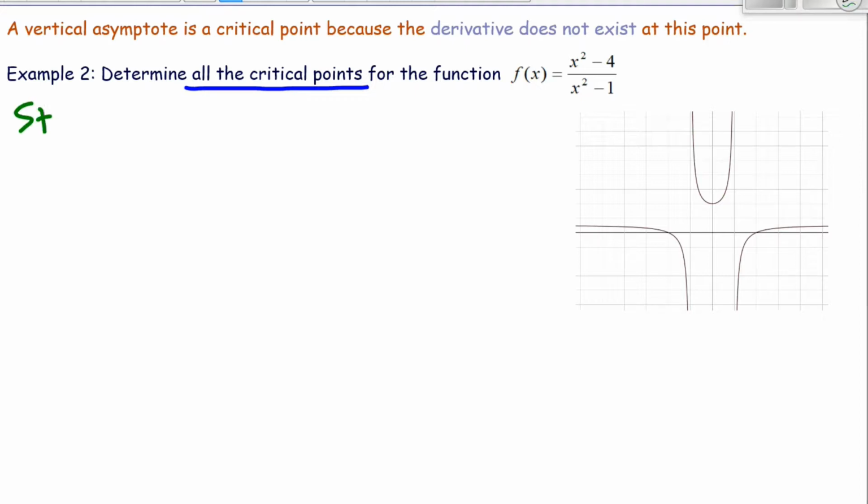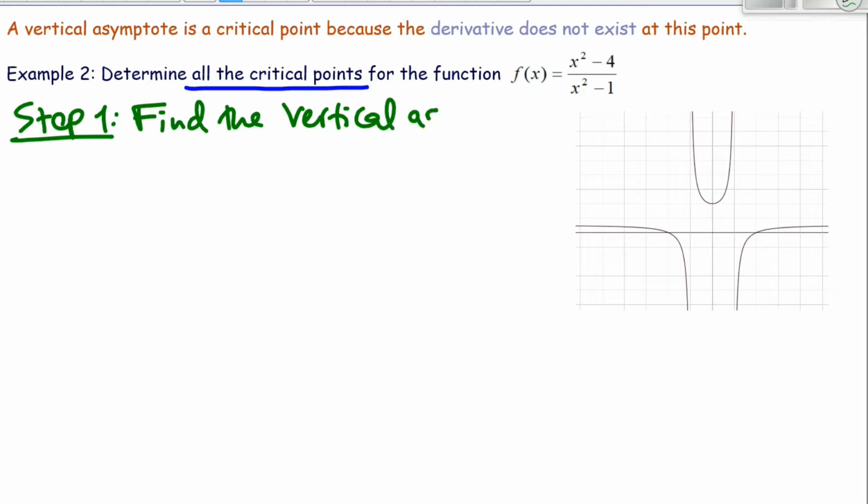So step 1, we are going to find the vertical asymptotes. You're going to find this by simply setting the denominator equal to 0 and solving for x.